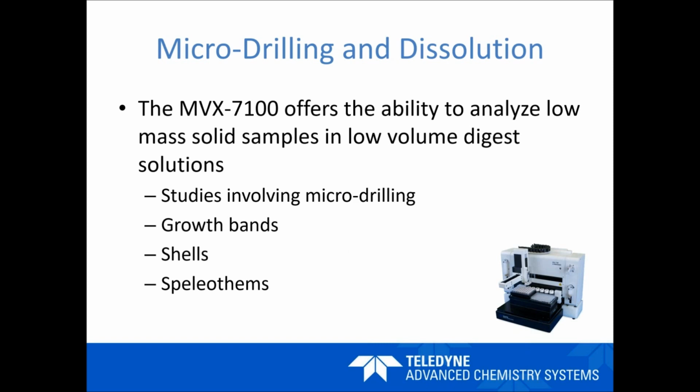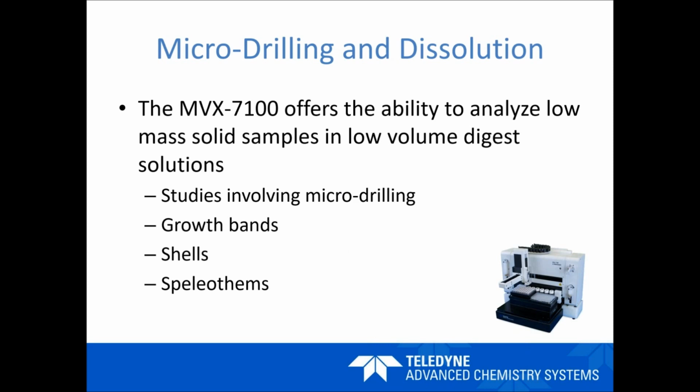In some of those sample types, you might be looking at trying to remove a certain mass of material from a growth band, and then trying to get that into solution. So you start off with a very minimal amount of sample mass, and then try to do a digestion on that, whilst not losing any of the elements that you're interested in, or making sure that those elements don't drop below the limit of detection.